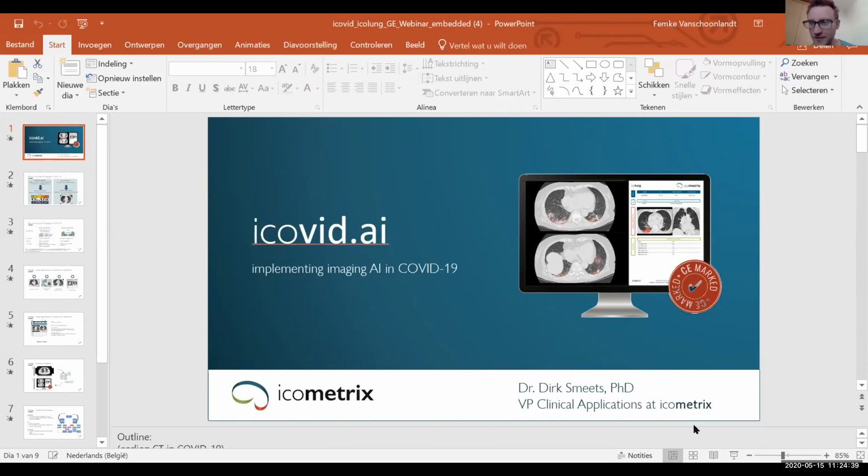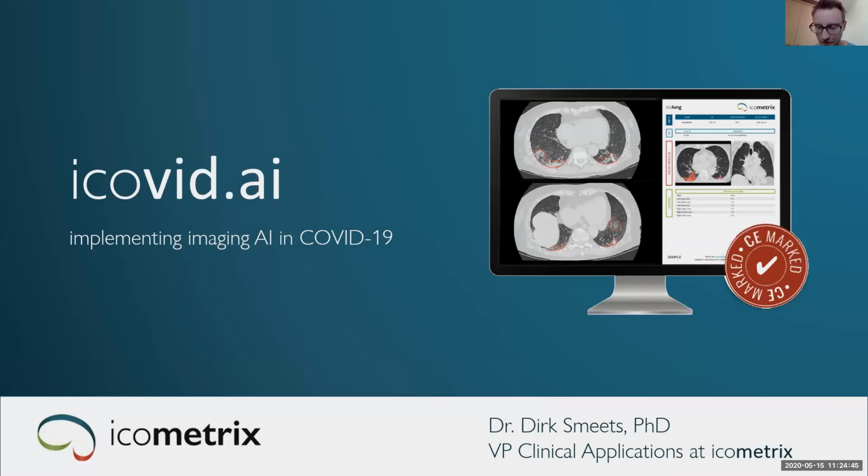Okay, thank you for this introduction, Hans, and also for this very nice introduction by Professor De Mey, who gave a really good overview of how COVID is manifesting in the CT images.